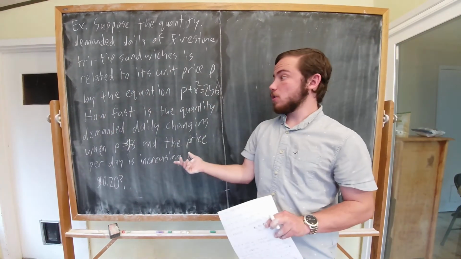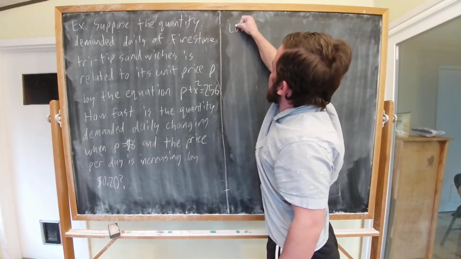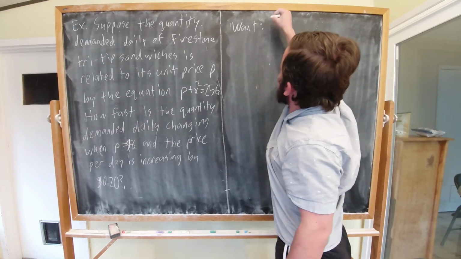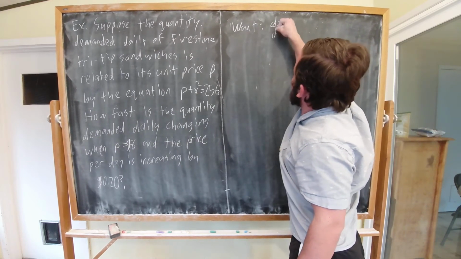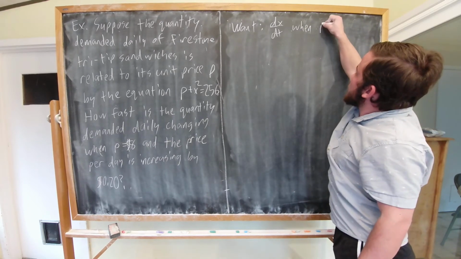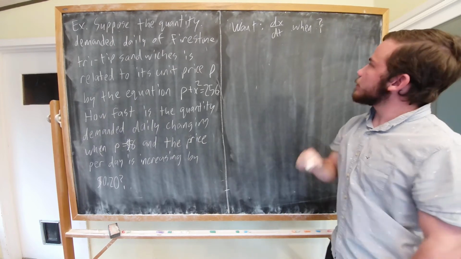Well, to answer that question, we use implicit differentiation. What we want is dx/dt when, what are we given for this?